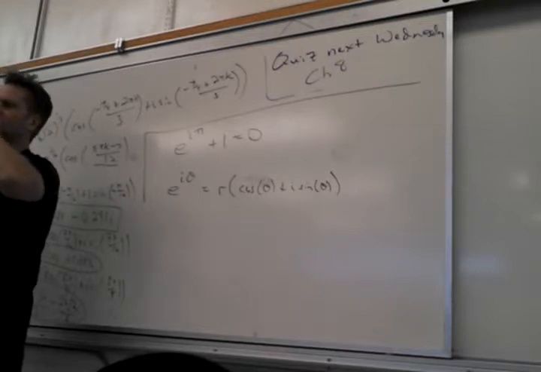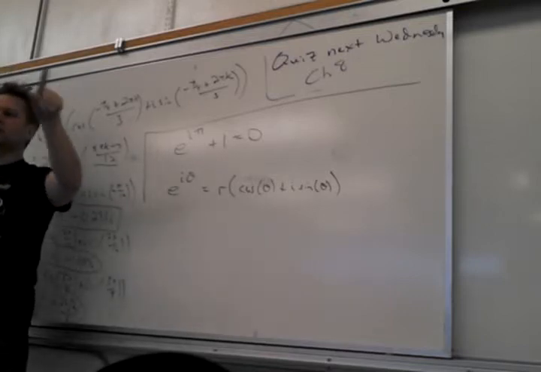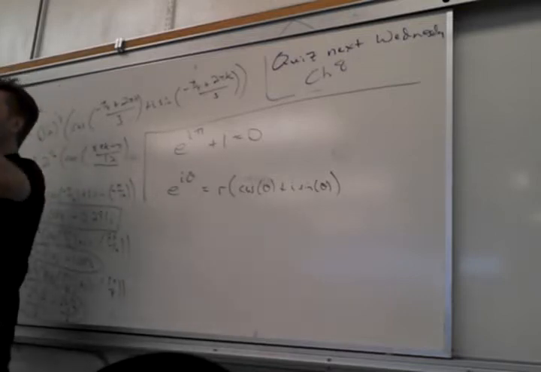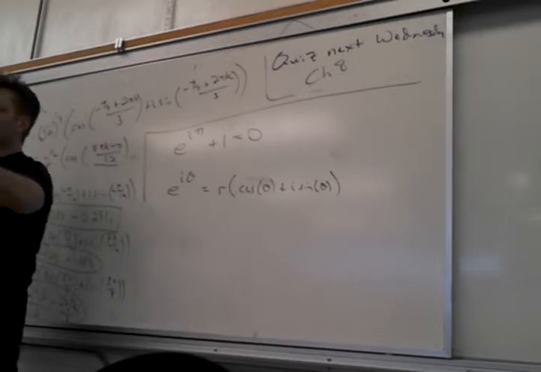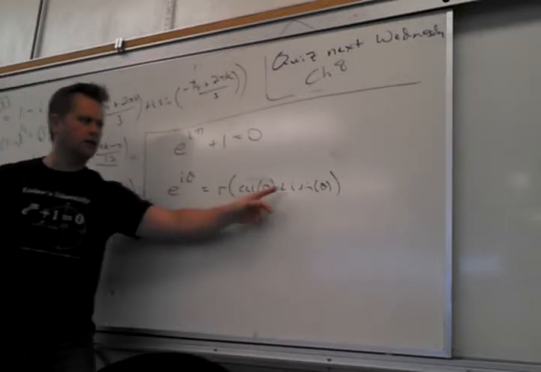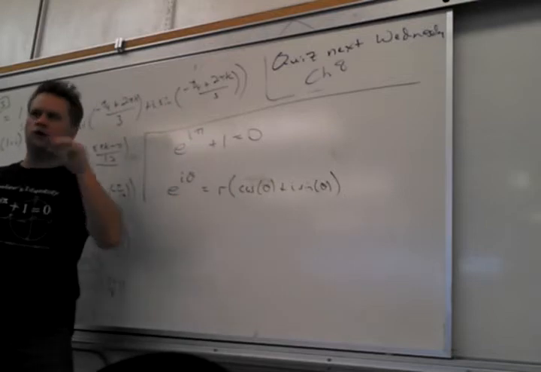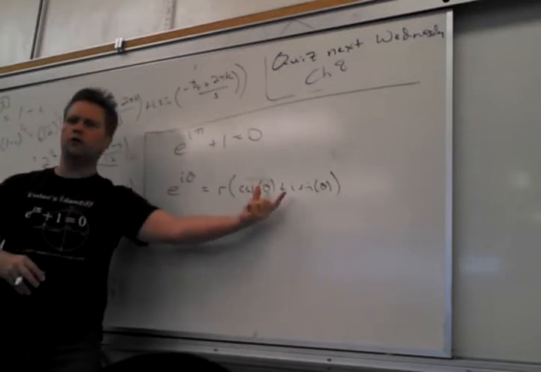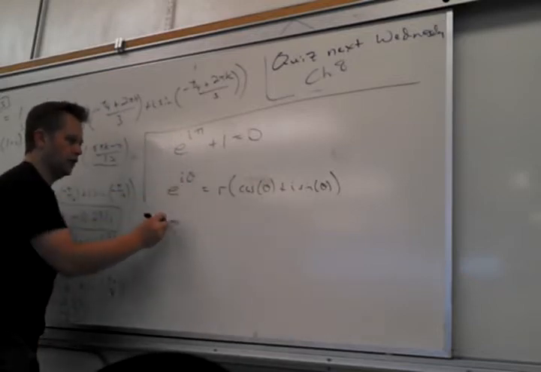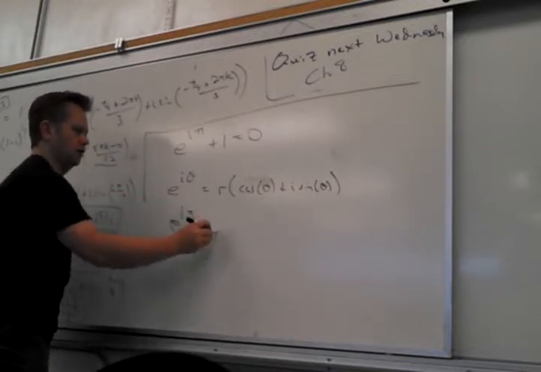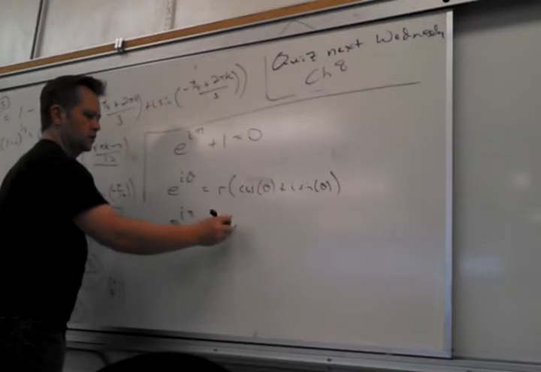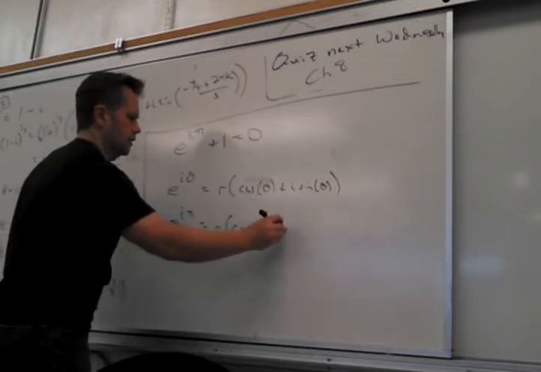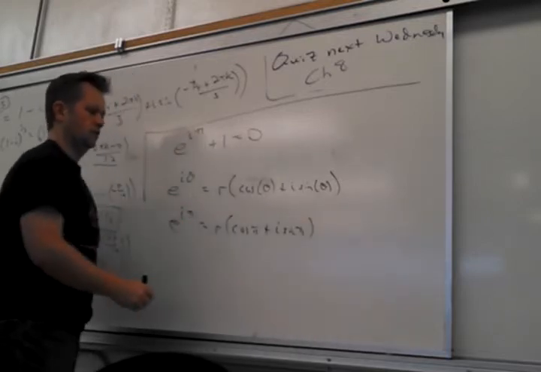That's enough of that, sir. So until you get to the point where you even think about doing that, and why would that even be a good thing to do? Once you do it, you go, wait a minute. If I add these together, I sort of get what e is. Infinite representation. So then you end up here. And if I plug a pi in, what do I get? e to the i pi would be r times cosine pi plus i sine pi.